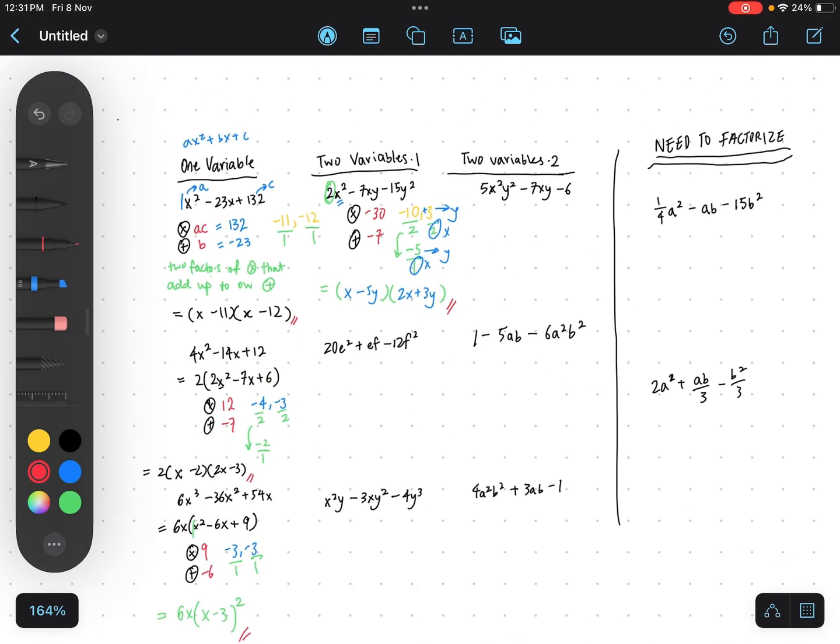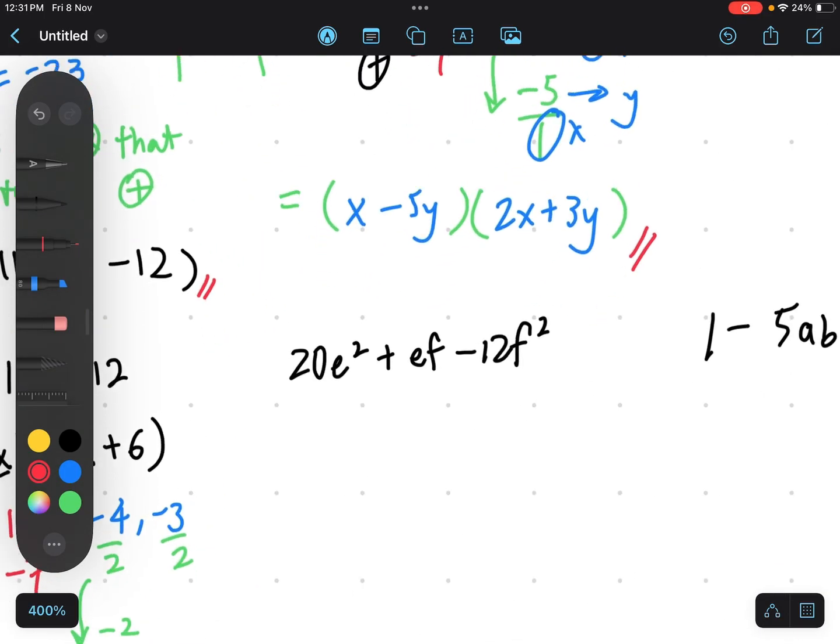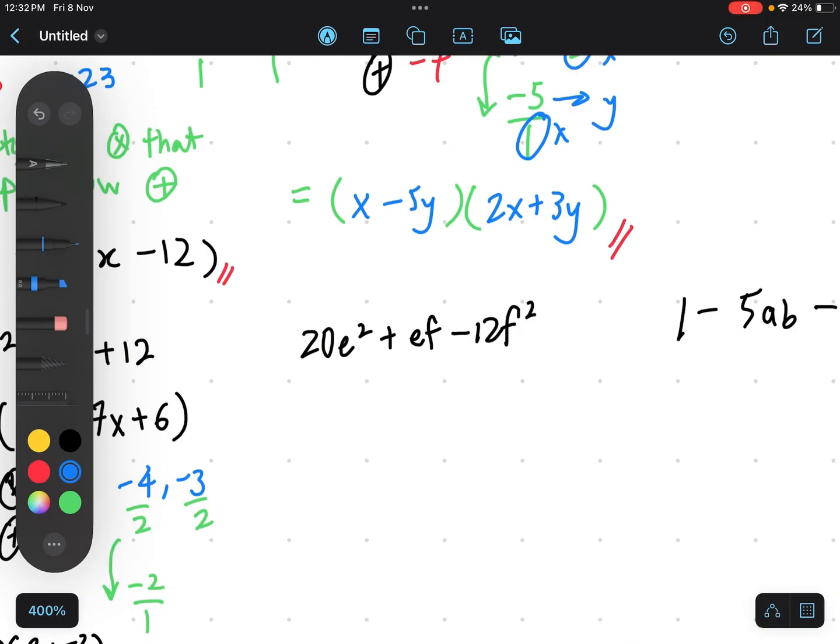Now we go on to the next one. Again, it's kind of interesting. So we get a multiplication number, which is 20 times minus 12. We get minus 240. And then addition number, it's just an invisible 1 over here. So addition number is 1.